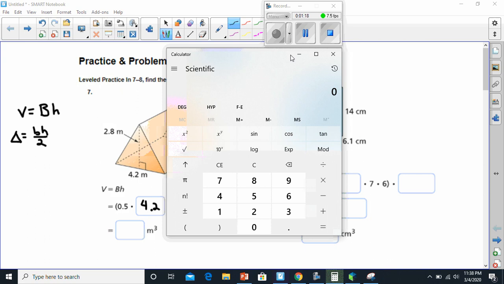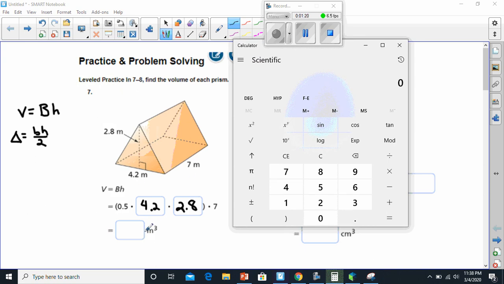So here's my calculator. And if we work this out, we got 0.5 times 4.2 times 2.8, 5.88.